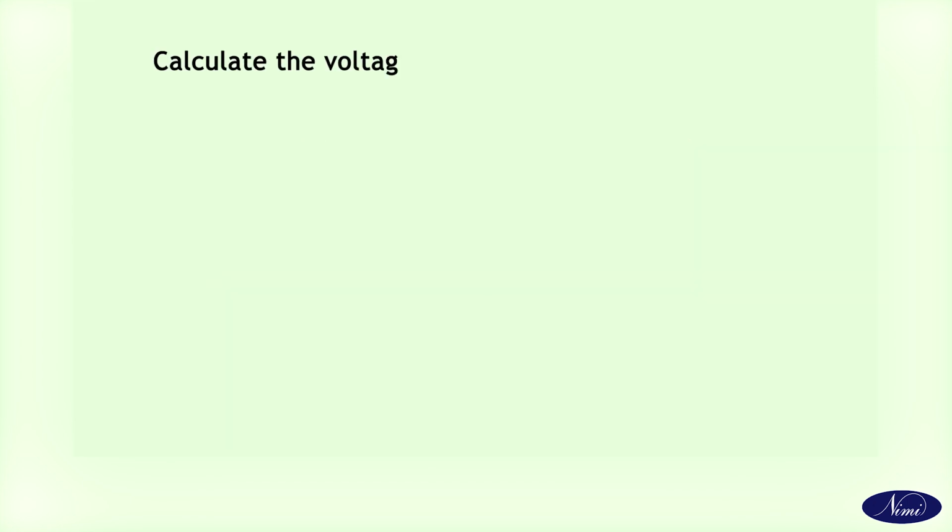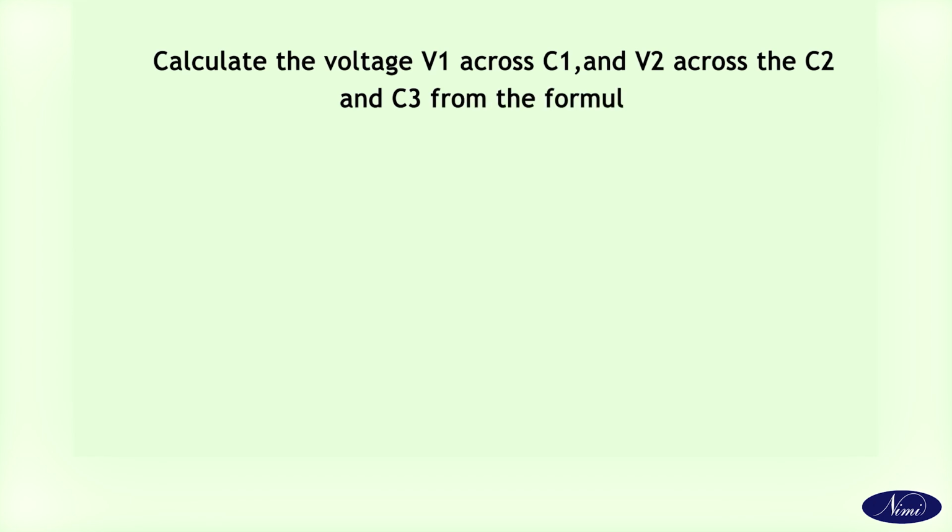Calculate the voltage V1 across C1 and V2 across C2 and C3 from the formula V is equal to I into Xc. Similarly, V1 is equal to I into Xc1.